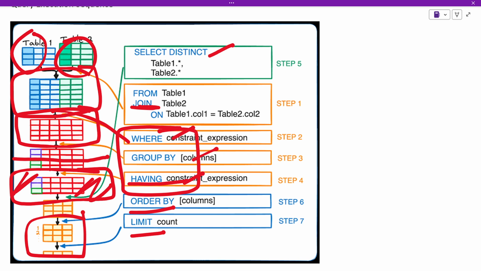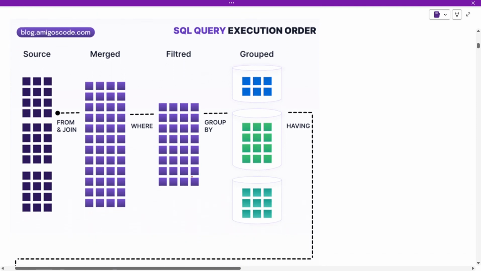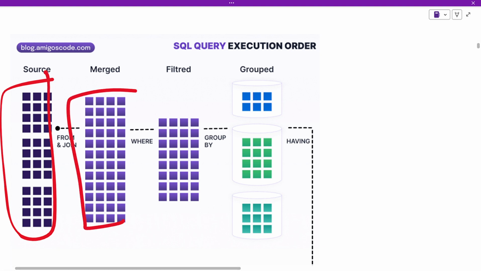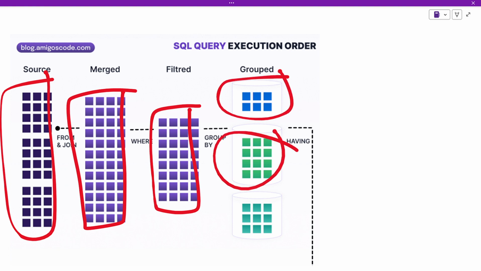So this is how it works. There is another way of looking at how execution order works. We have the source. From the source we have merged by using from and join, and using where we have applied some sort of filter. From this filter, if we want to divide them into other groups, we can divide them into groups. So we have three groups.